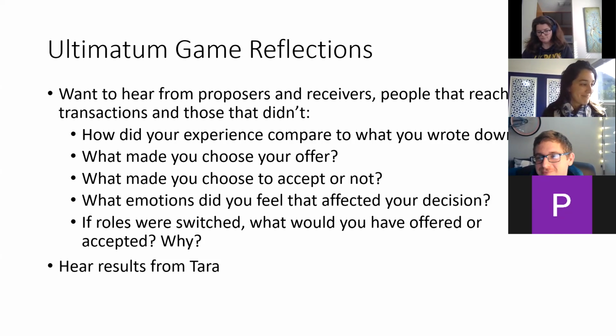But if I was a proposer, I was going to lowball for sure, because I figured anybody would take whatever I had to offer. So, two different sides for sure. Whatever he would have offered me, I would have taken completely. Even if it was 1 or 2, I would have agreed.